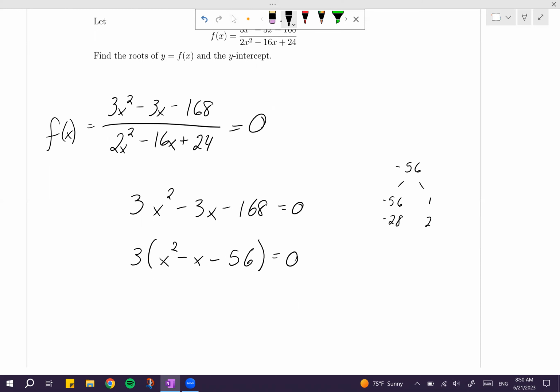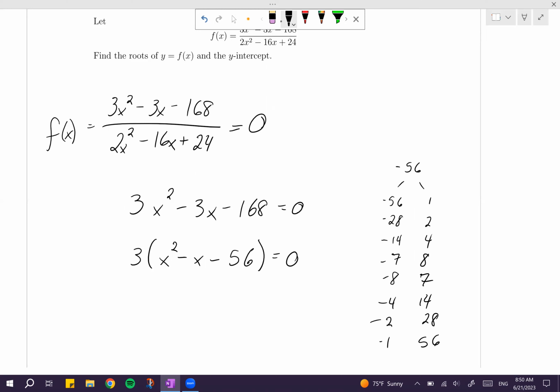Let's see. Negative 14 and 4, negative 7 and 8, negative 8 and 7, negative 4 and 14, negative 2 and 28, and negative 1 and 56.